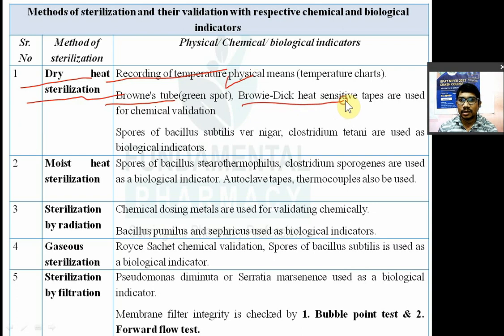Browne's heat sensitive tips, they are used as chemical indicators. Third होता है biological indicators. So spores of Bacillus subtilis और Clostridium tetani.